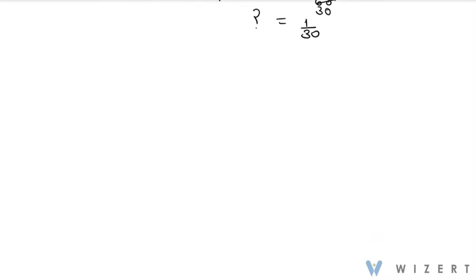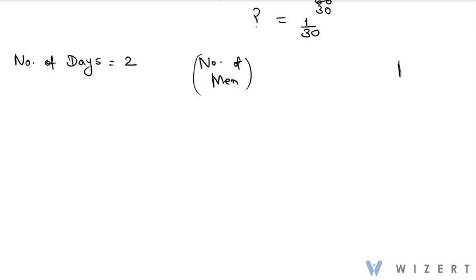So we have number of days constant now because we have to find out how many men can do the same work in 2 days. Number of days is equal to 2. Now this is constant. Number of men and part of work can vary.